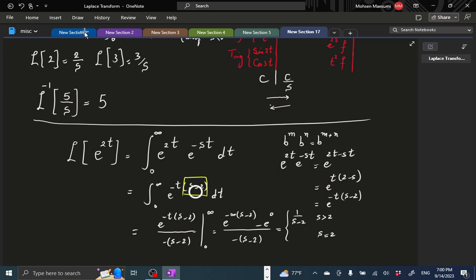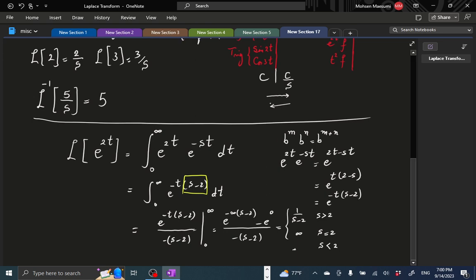Exponential of 0 is 1. Integral of that is infinity. We just get infinity. If s is less than 2, this is negative. The exponential here becomes positive infinity. This is also positive. Again, we get infinity. So the only case of interest for us is this one.